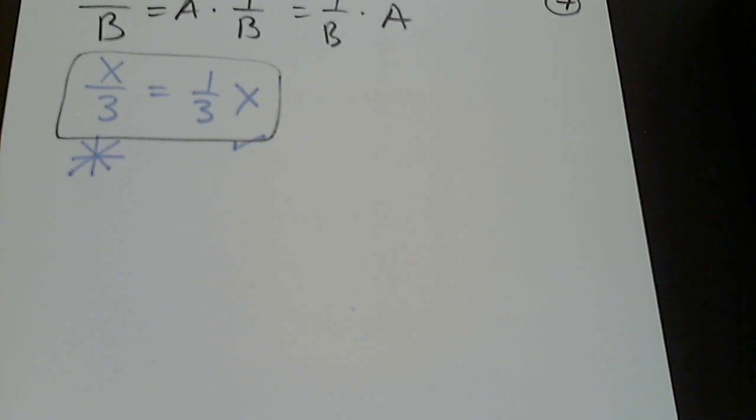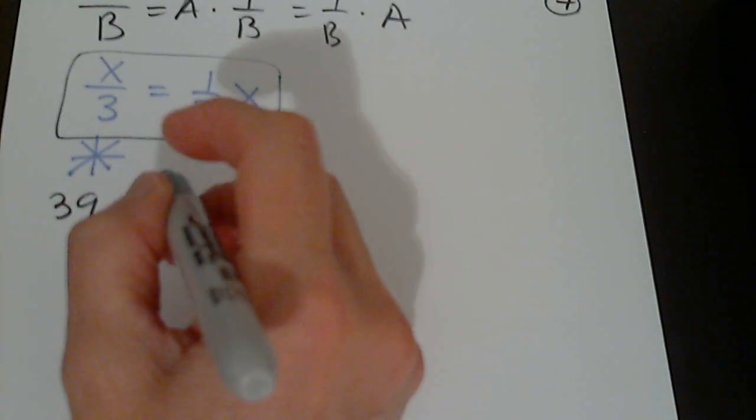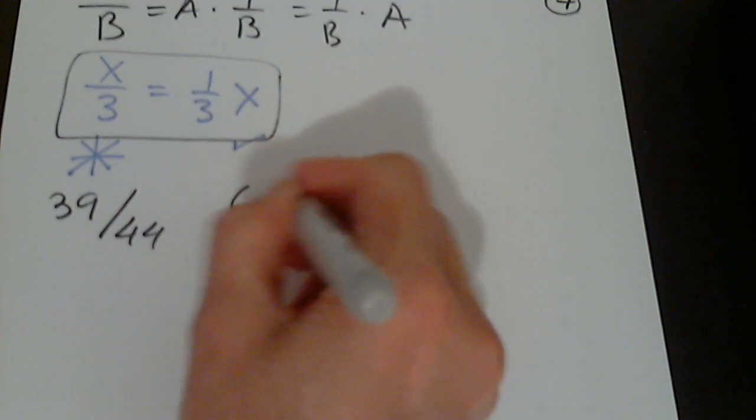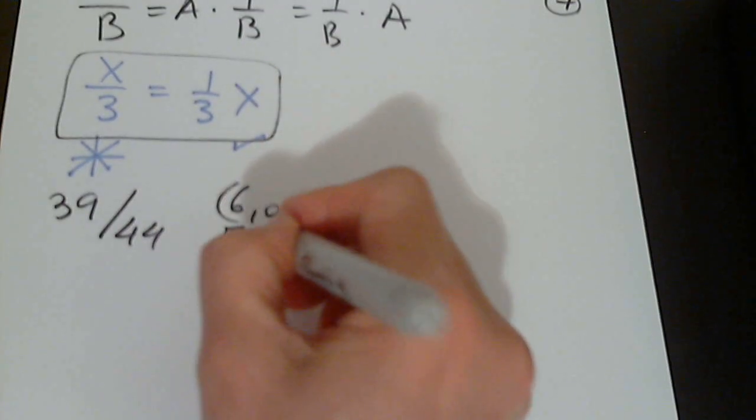Which one? 39. We want to look at 39. Excellent. In 39, on page 44, we have 6, 0 and 10, 0.